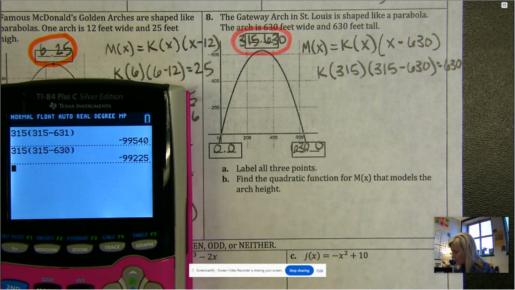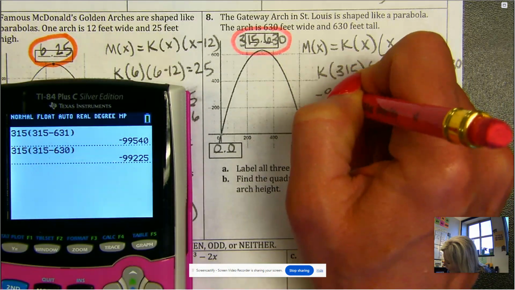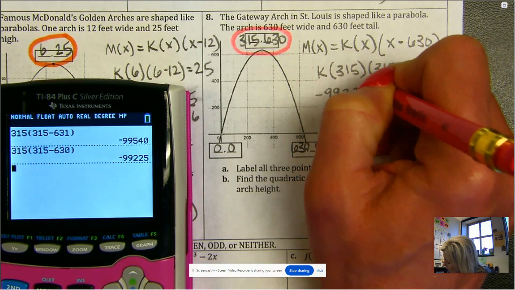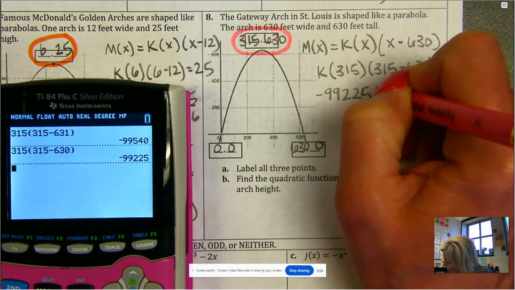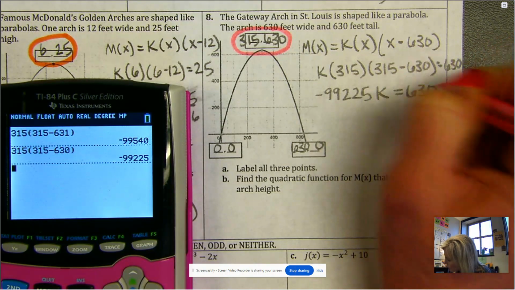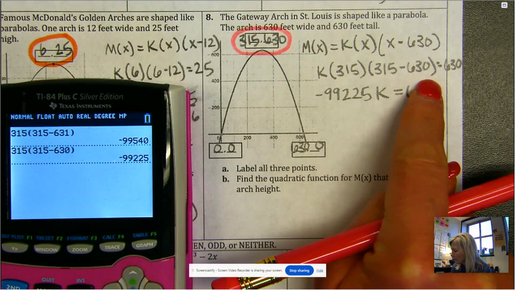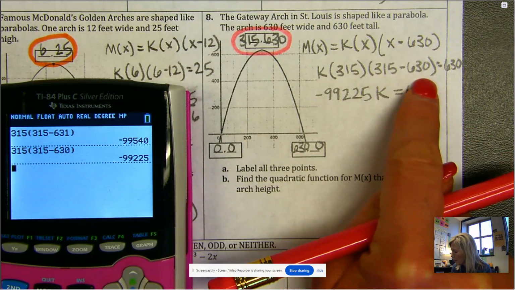There we go. That's the number I remember. Negative 99,225k equals 630. So this step is a simplified form of that part of the equation there.